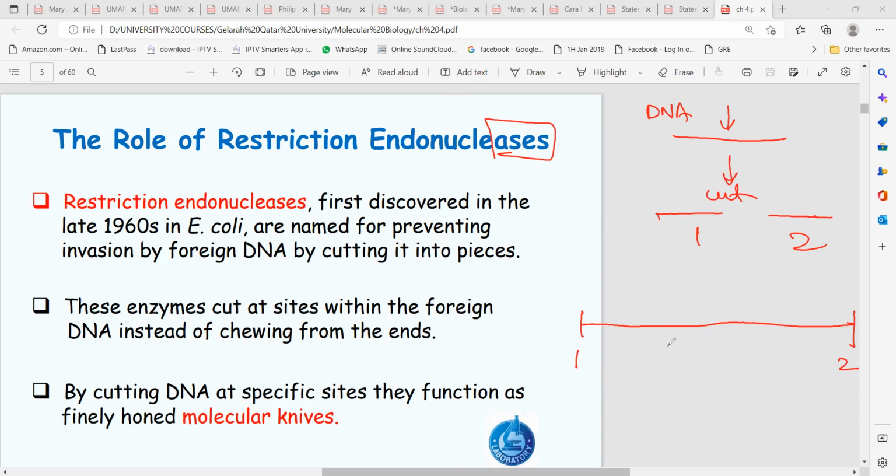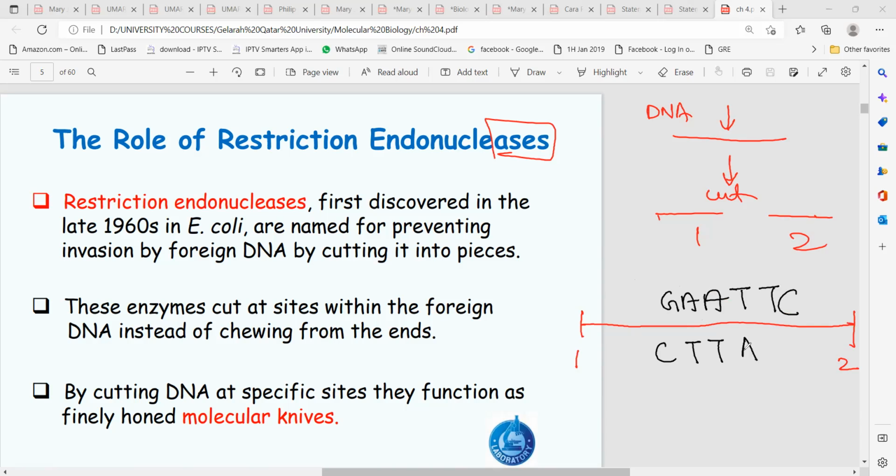Okay. Like let's say E. coli R1. It has restriction enzymes which cut at the sequence G, A, A, T, T, C. The opposite sequence will be what?